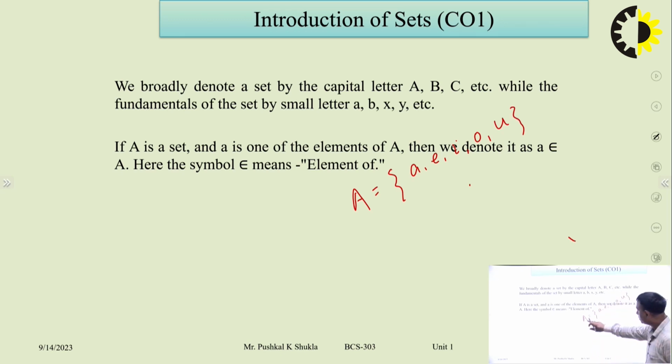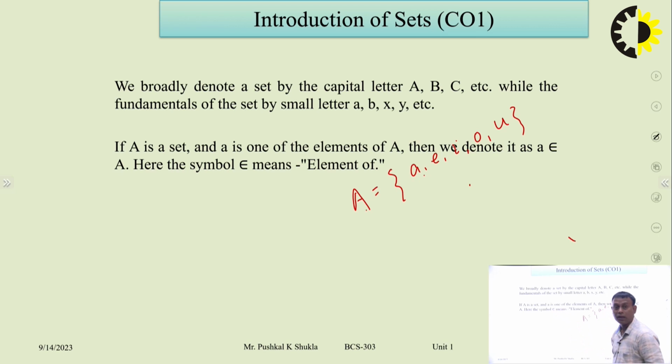So this is the name of the set that is represented by the capital letter, and these are the elements of the set that are represented by small letters a, e, i, o, u.